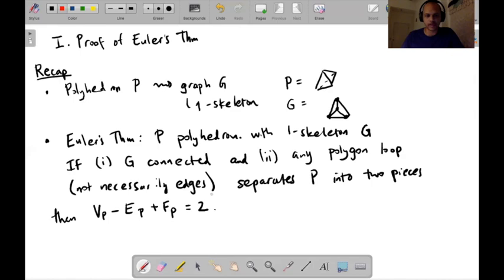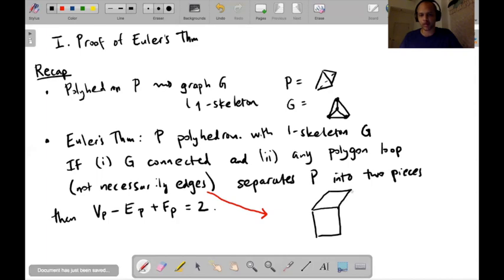This remark here will make more sense once you see the proof. But let me just draw a picture. A polygonal path might look something like this.